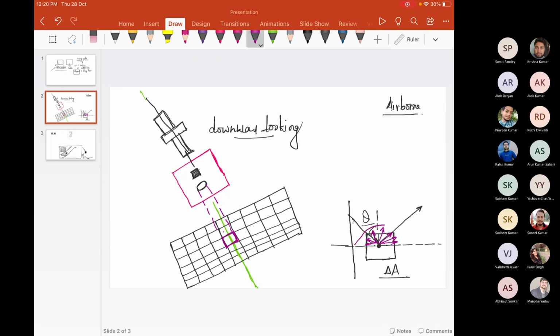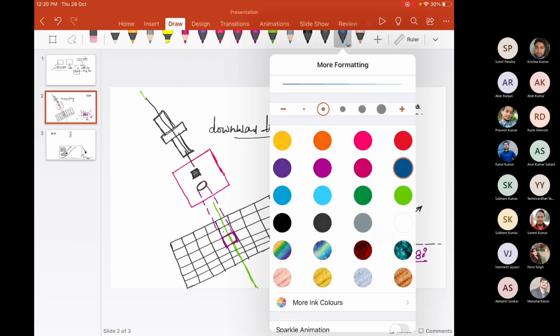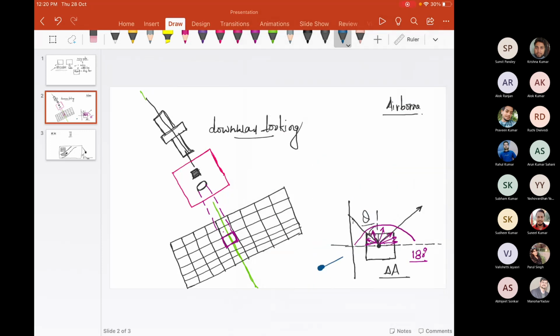If you see this envelope, it is 180-degree solid angle. If we merge this schematic over here, then let's say somewhere here we have the sun.